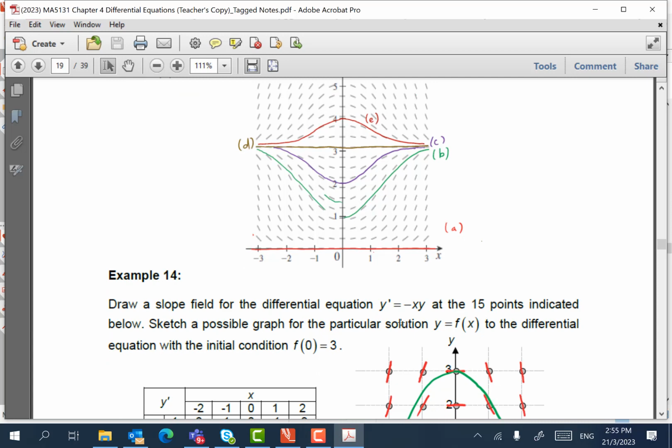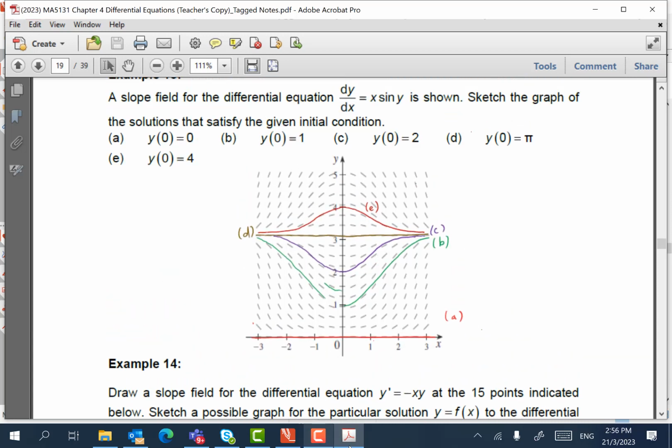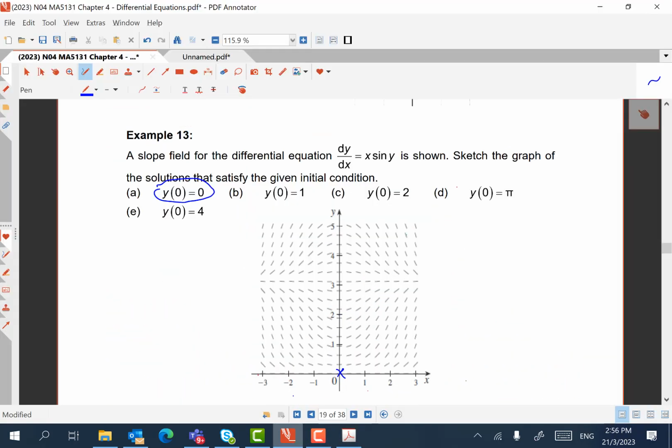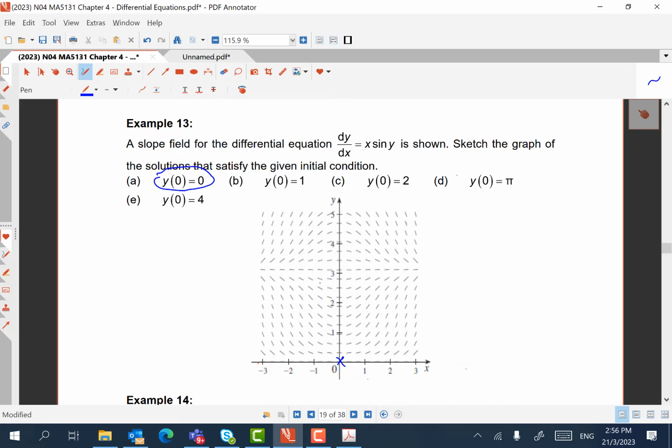Okay, there's another one, 14. But wait, before I go on, for 13, anybody has an issue? So you have to exercise that gut feel, the good judgment, math judgment.